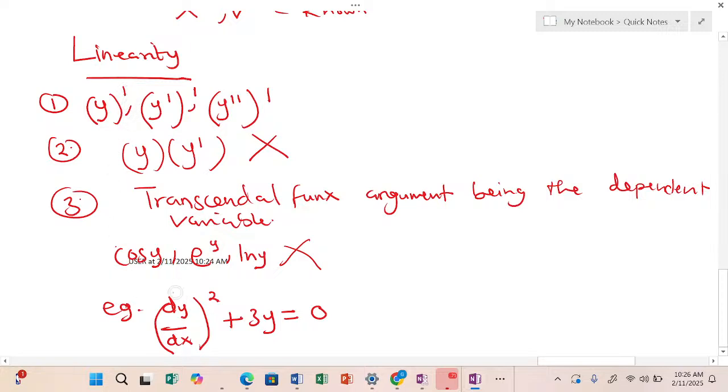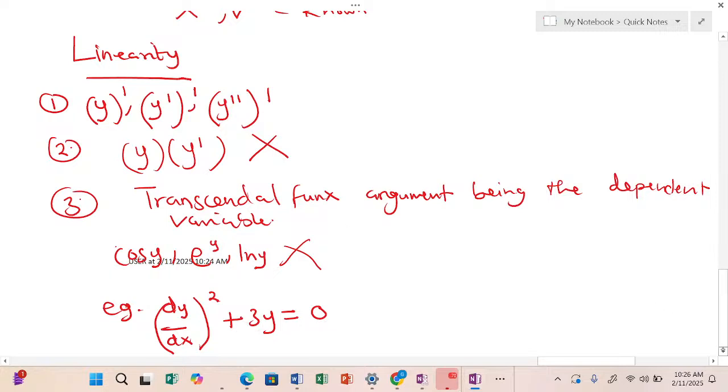But in this example, we can see that dy/dx, which is y prime, is to the power 2. And clearly, it disqualifies it from being a linear differential equation. So this particular one fails to be a linear differential equation.